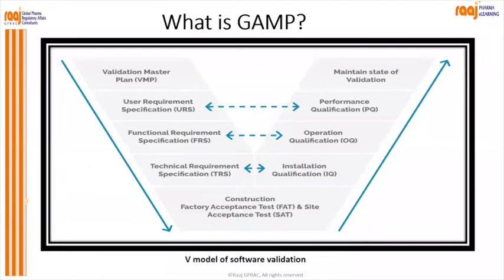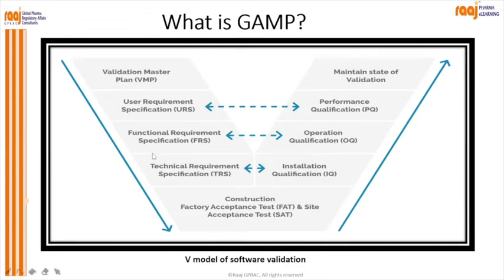Then, when it is transported to the manufacturing site, installation qualification, operation qualification, and performance qualification become necessary. At the manufacturing site, this IQ, OQ, PQ becomes very important, and you have to maintain this state of validation. Sometimes a requalification, revalidation plan should be in place. So I hope you understood this V model of the software validation.